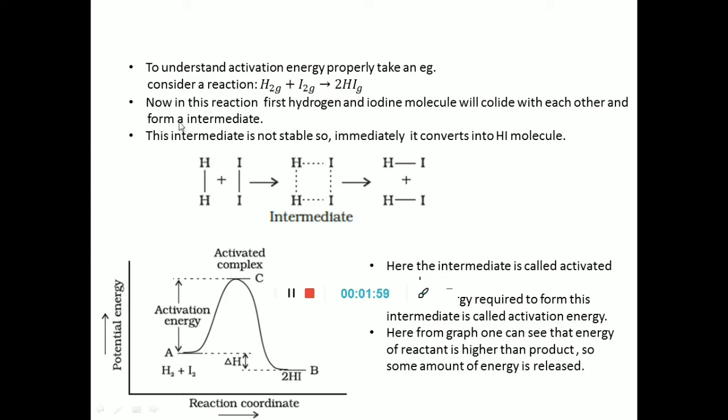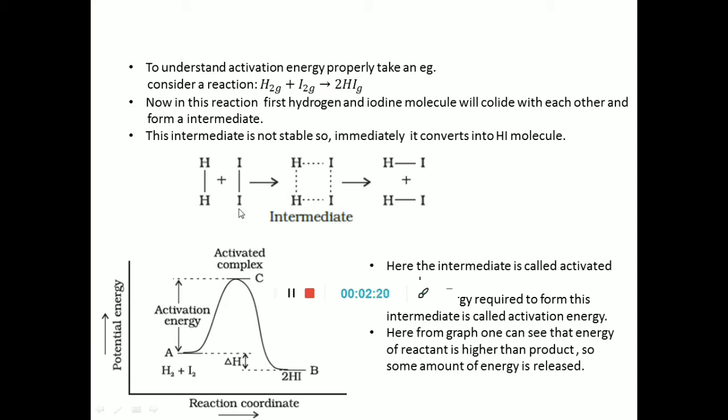This collision results in an intermediate. This intermediate is not stable, so immediately it converts into HI molecules. Here you can see HI is our product.